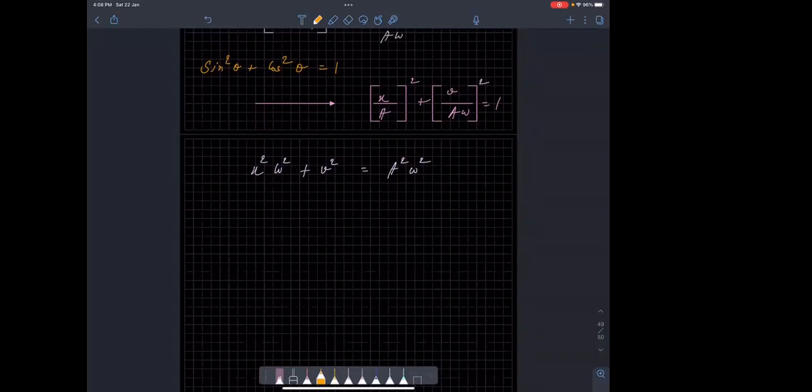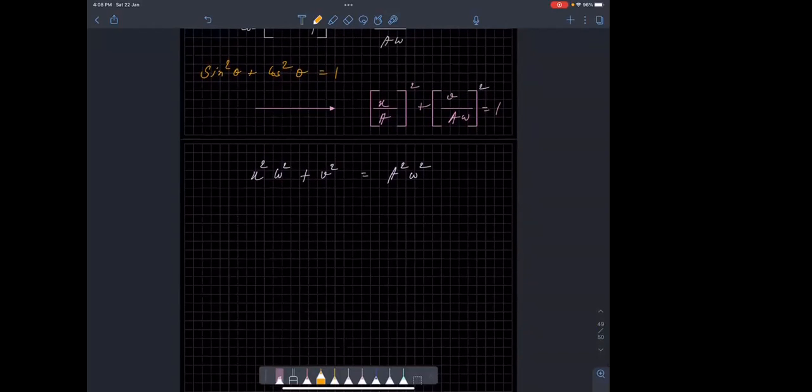So here, what can you do? You can use this equation and solve. So x square omega square plus v square equals A square omega square. Clear?